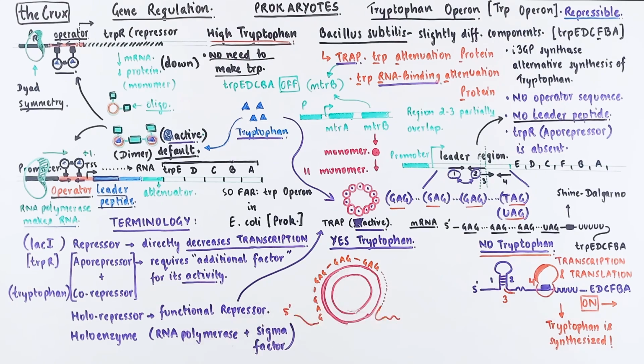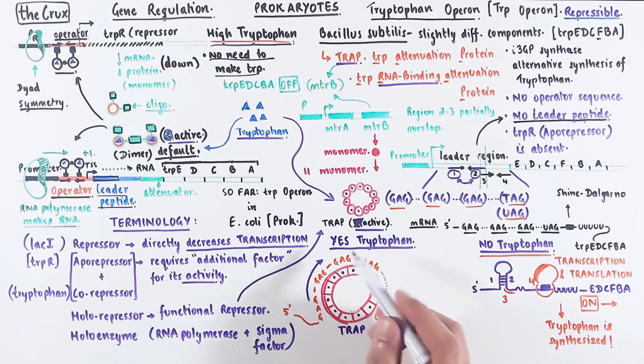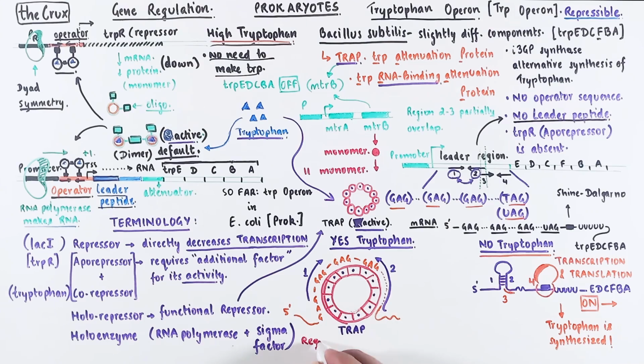The RNA therefore wraps around this active TRAP holorepressor, and specifically region 1 and region 2 are caught in this TRAP. But the end part of region 2, the part which overlaps with region 3, is not trapped. This means that region 3 can form a hairpin with region 4. And here lies the beauty in this system.